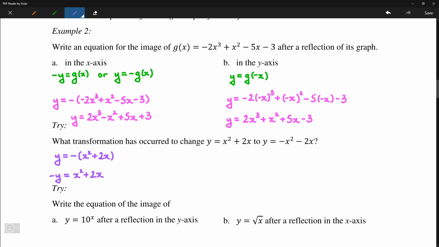When we compare to the original function, y equals x squared plus 2x, the y has been replaced by negative y, and we know this is a reflection over the x-axis.